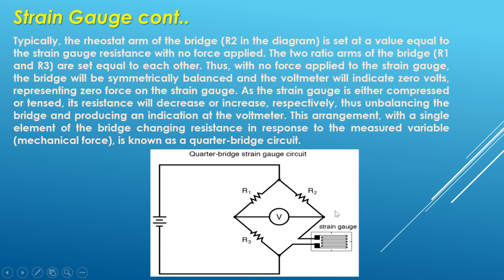When the strain gauge becomes unbalanced, R1 and R3 are the same, but the ratio of R2 to R3 is not the same, so a potential difference occurs, and the voltage will increase.